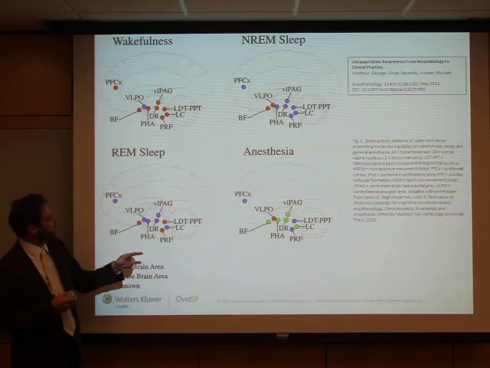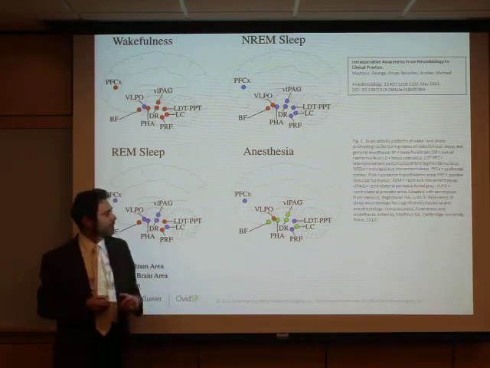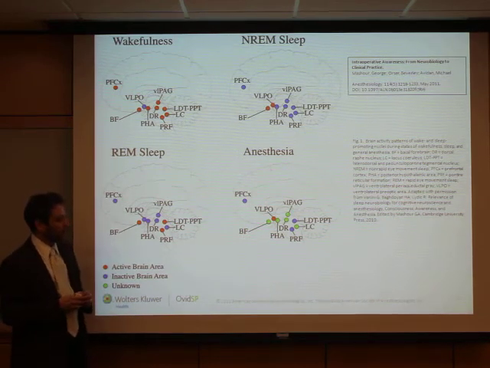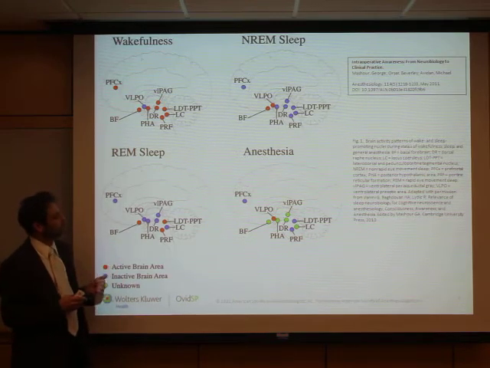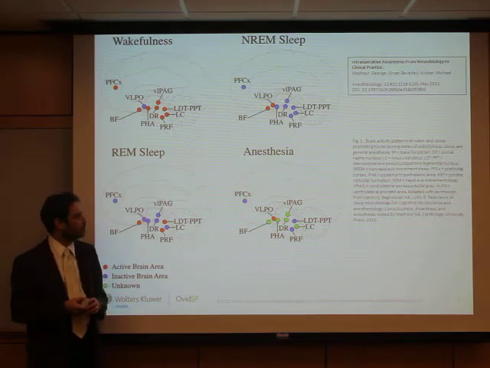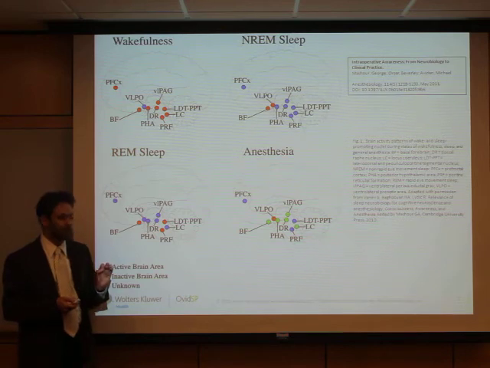During general anesthesia, we know that the VLPO is active, but for many of the other nuclei that are active during wakefulness, we're not sure whether they're active, inactive, or in a different state during general anesthesia, and indeed whether other important nuclei are involved.